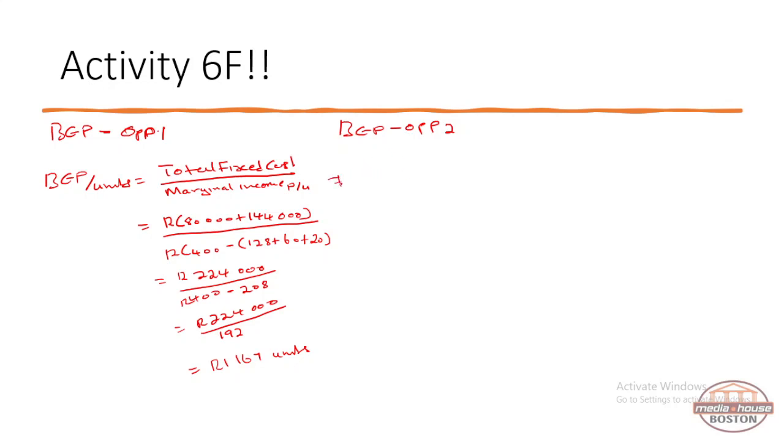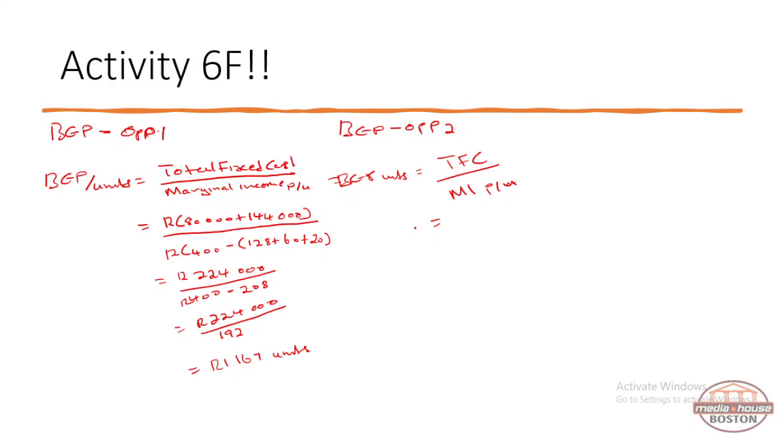So for this side, our BEP in units is actually going to be the total fixed cost, all of this divided by marginal income per unit. So this is how you can write it in abbreviation and summarize it. And then here we're gonna look at what our total fixed cost is.